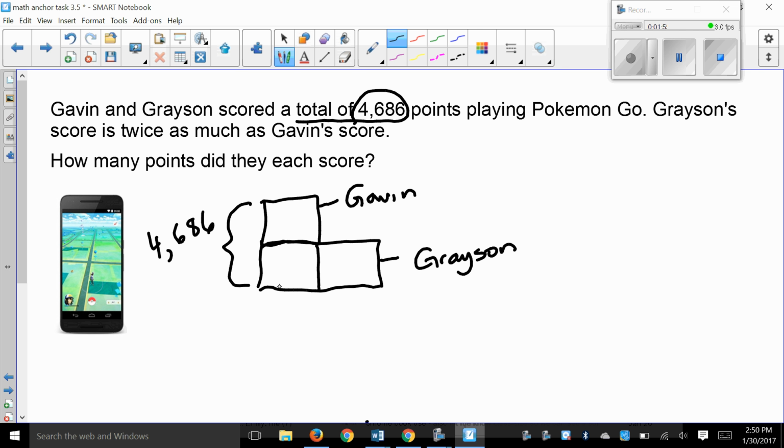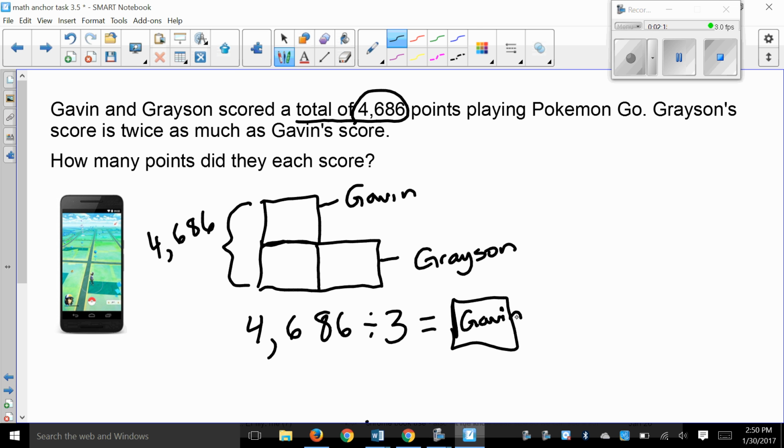So the equation that's going to get me just one part is 4,686 divided by 3. That's going to get me Gavin's points, because Gavin, I can see, has only one part of the 3 total.